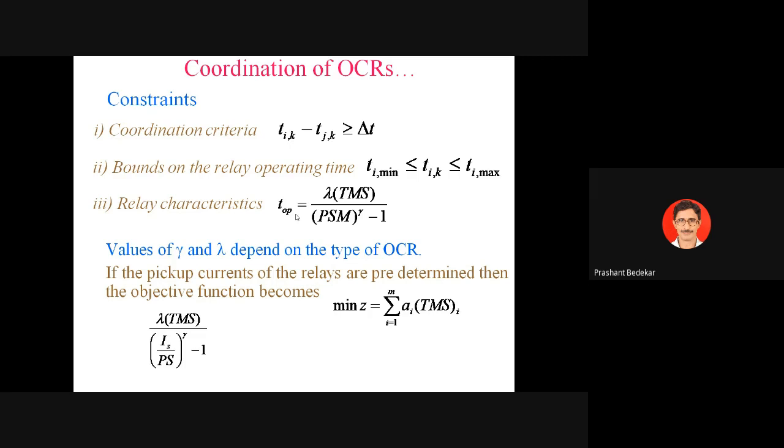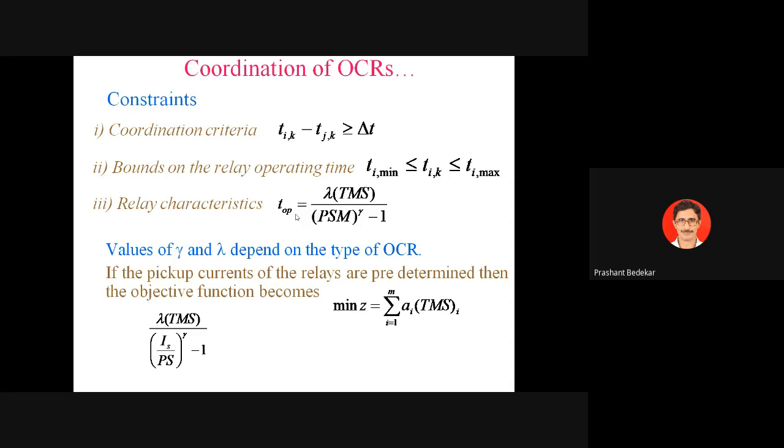Plug setting multiplier can be written as the ratio of the relay's secondary current divided by the plug setting. This ratio is called plug setting multiplier.